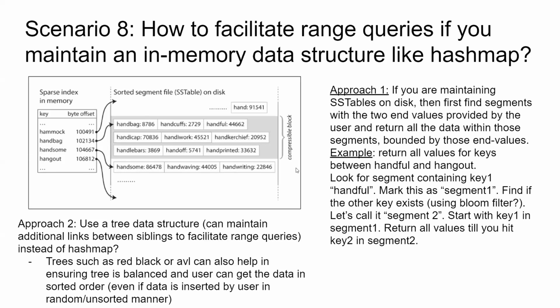For example, if I say give me all values between 1 and 5, and let's say 5 is not directly present here, first I would have to find the segment. First I have to figure out if 5 is present. I'm trying to think through.